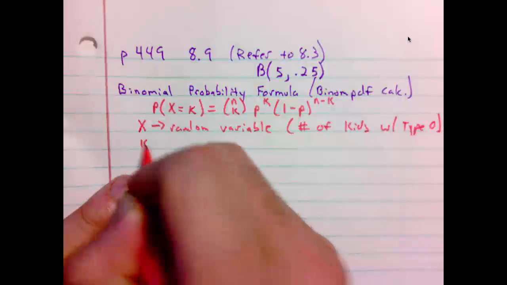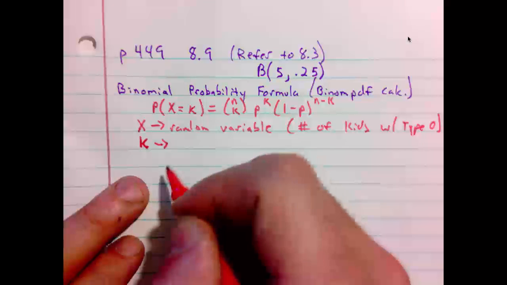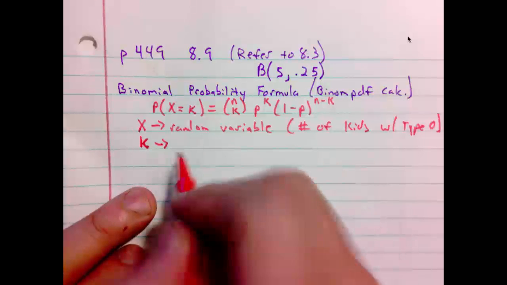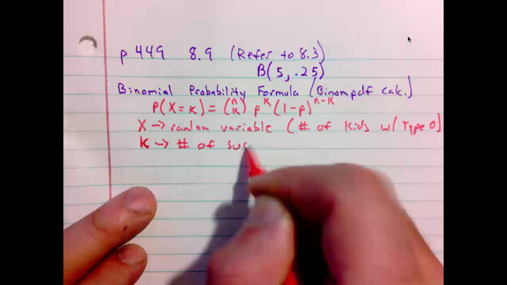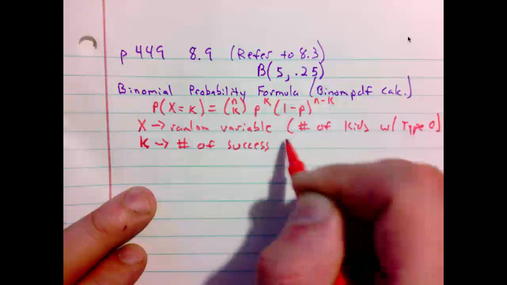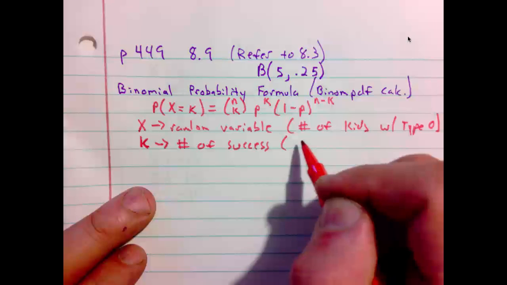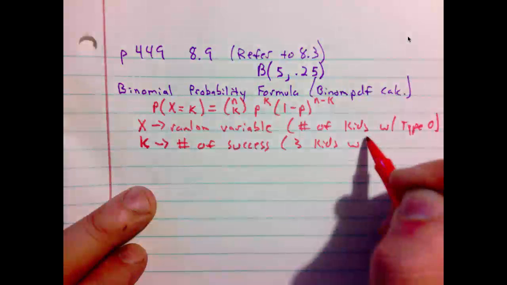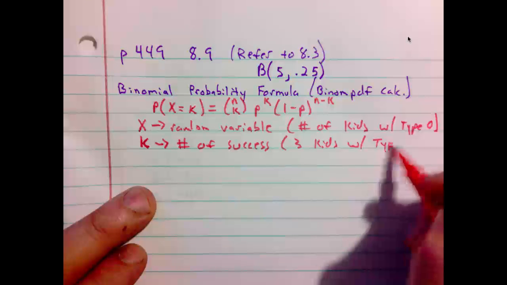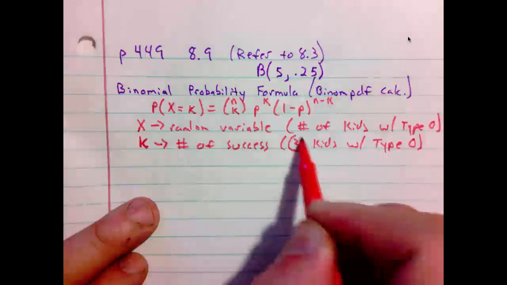K, this lowercase k, even though it doesn't appear there, is the number of successes. In our problem, we're interested in finding the probability of 3 kids with type O. So k will be 3 in our case.